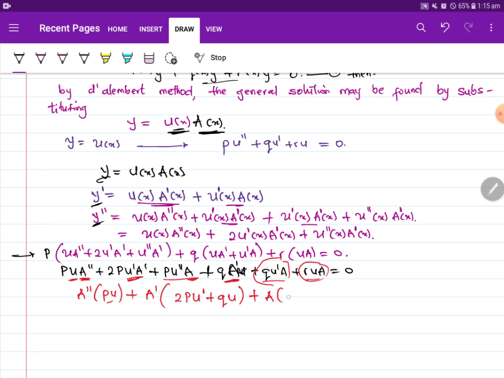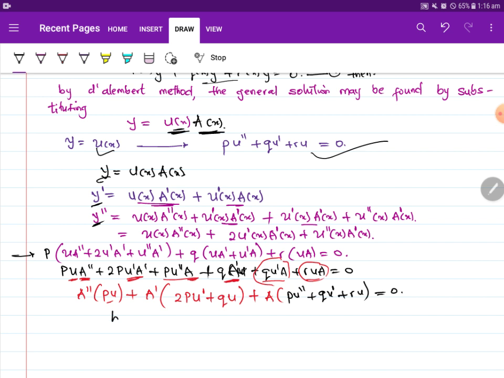So that will give us p u prime prime plus q u prime plus r u. This is how we derive the method of solving. So that's what we are trying to look into. You get it is equal to 0. But don't forget, look at this. We said since this is a solution, then this is confirmed to be our equation solution.